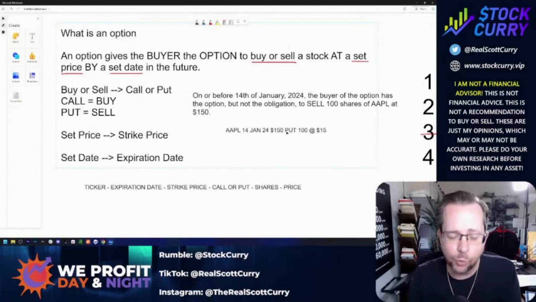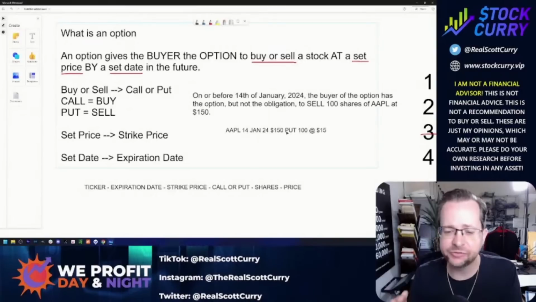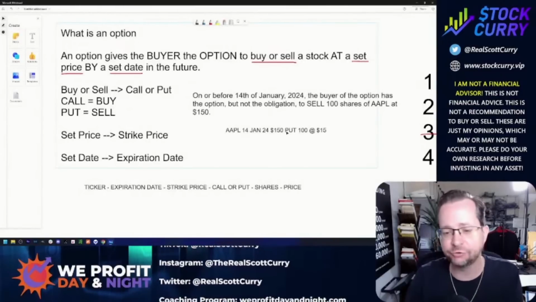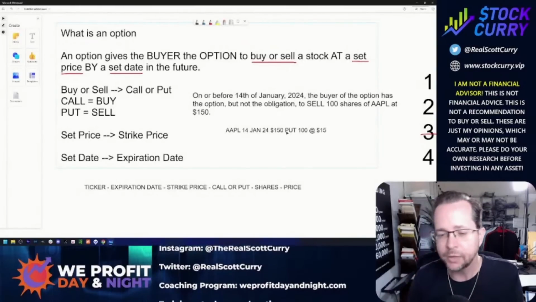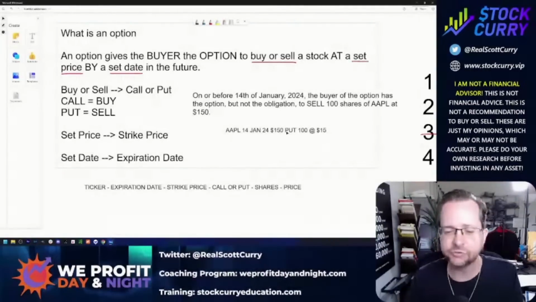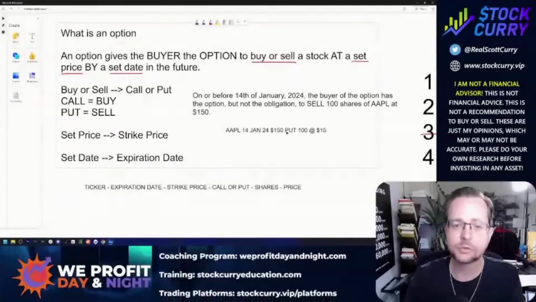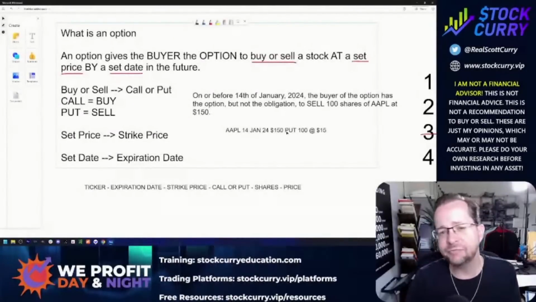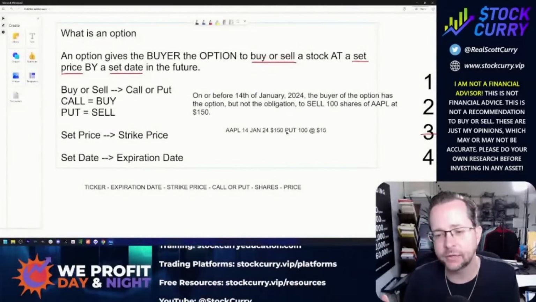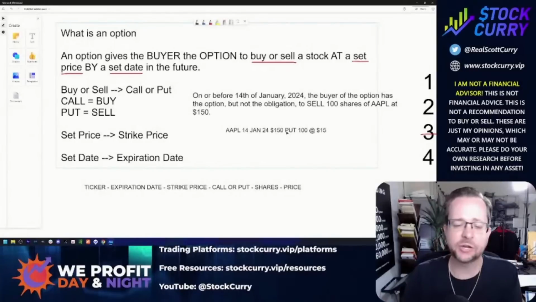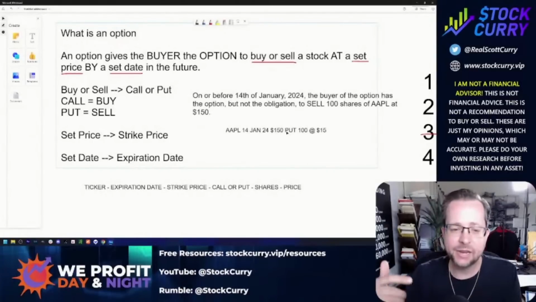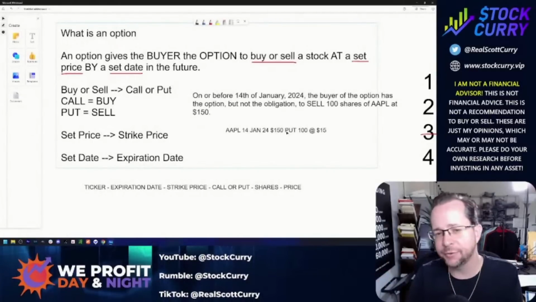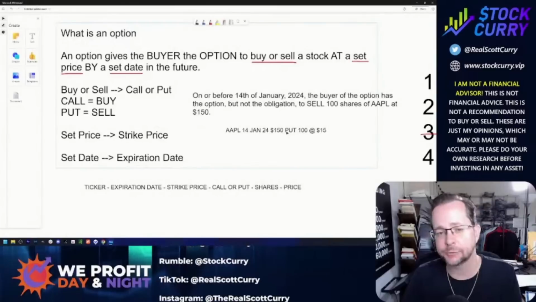But what happens if Apple closes at $140? Would the owner of this exercise the contract? Yes. Why? Because if the owner of the contract goes and sells his shares on the open market, he would only get $140 per share.